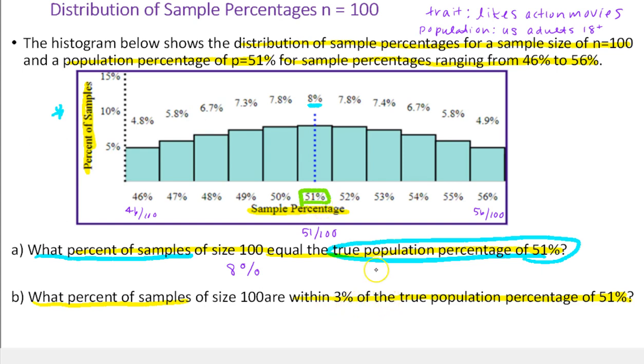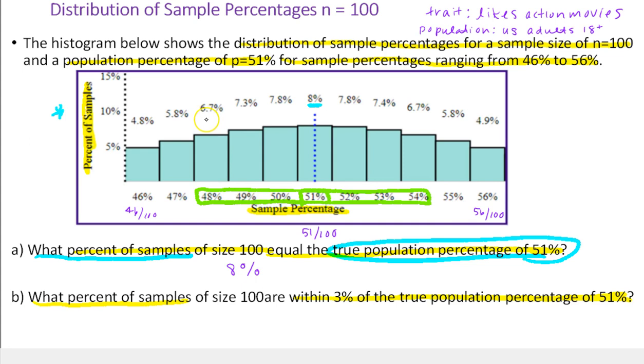Within 3% would be 3% in either direction. So we can add 3 to 51. Here we'd be within 3% of 51, and we can also look in the other direction. Okay, so we want to see the percentage of all samples that fall in this range.